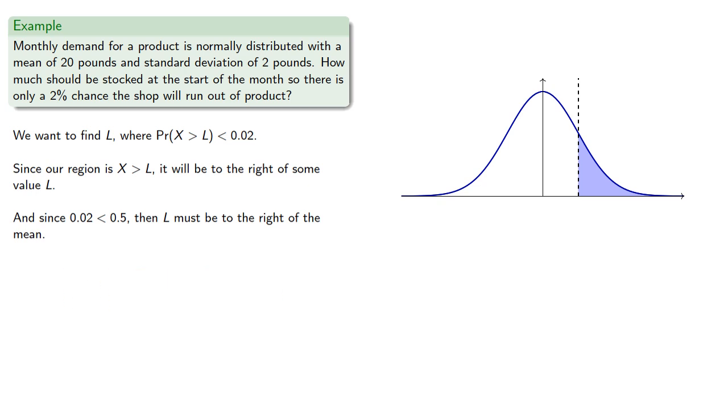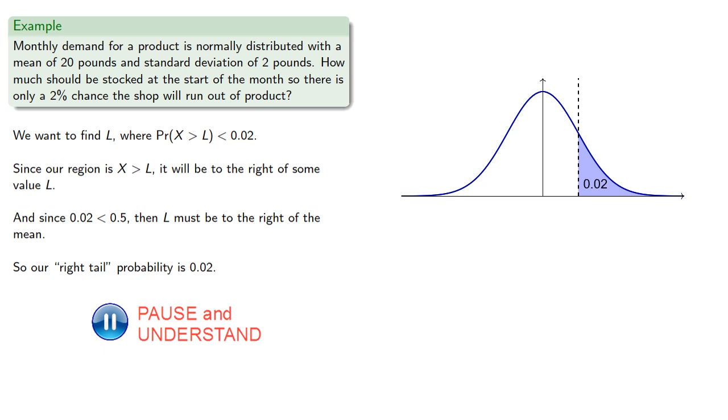And so that means we have a picture that looks something like this, and our right tail probability, this region, will be 0.02. And that means the probability that X is less than or equal to L is the complementary probability, 0.98.